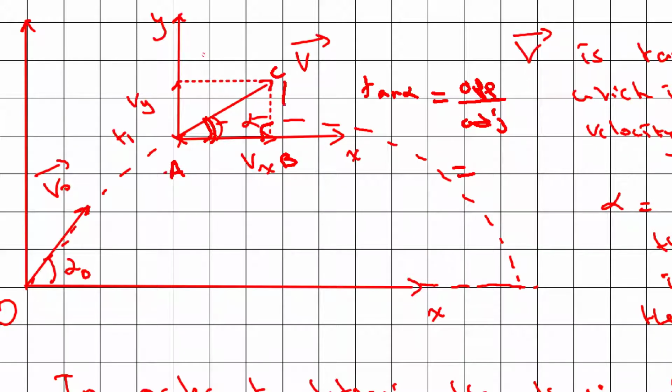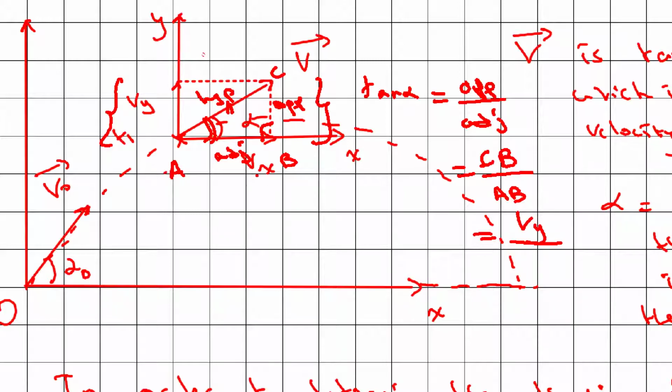The opposite is given by CB, and the adjacent, so if this is the hypotenuse and this is the opposite, then this is the adjacent, then the adjacent is given by AB. Now if you look carefully, what does CB represent? CB is the value of Vy, and what is AB? AB is the value of Vx.